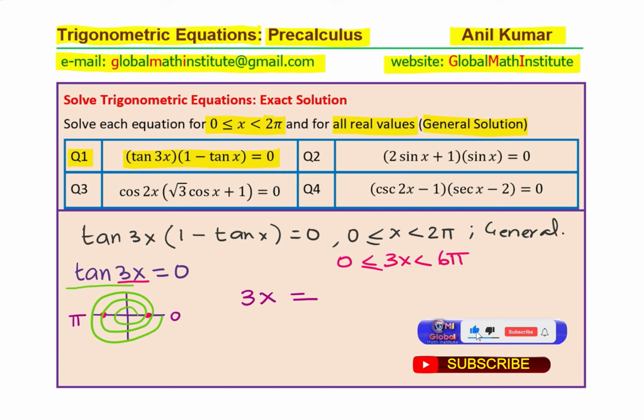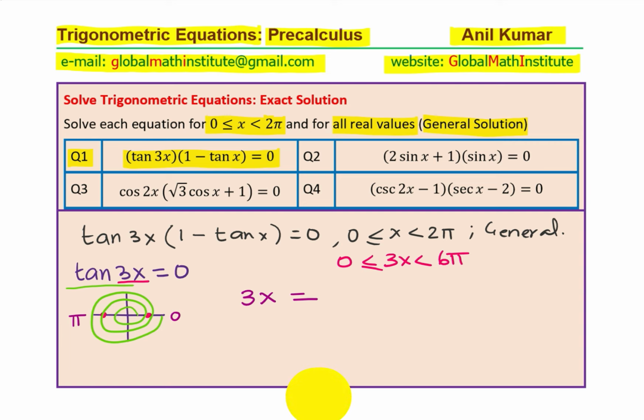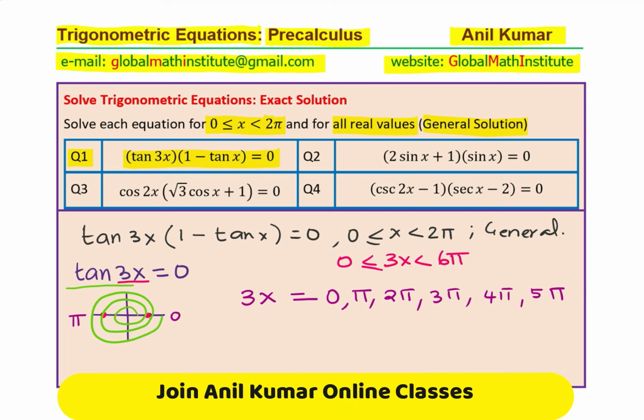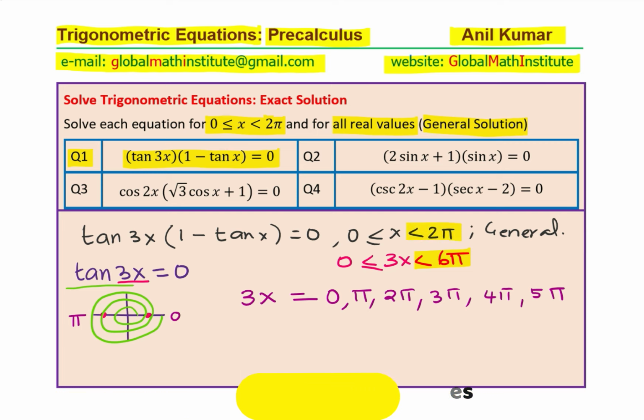I'm emphasizing this point, as sometimes students write just 2 solutions, and they lose all the marks. So 3x should be equal to 0, pi, then 2 pi, 3 pi, 4 pi, and also 5 pi. Look here, you should not include 6 pi since that is not in our domain. 2 pi was not in our domain, so for 3x, 6 pi will not be in our domain.